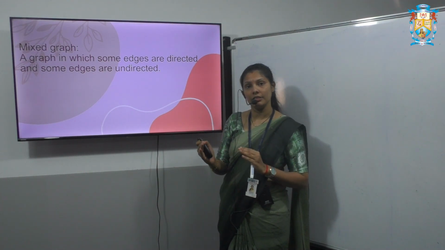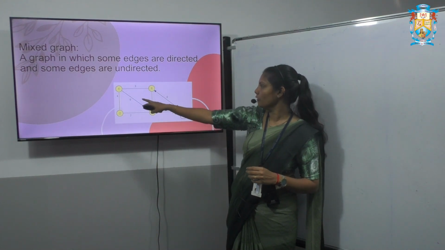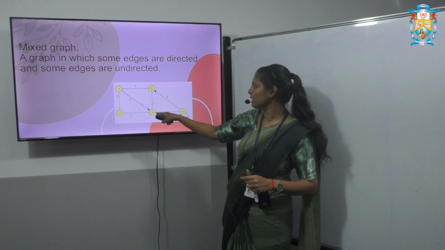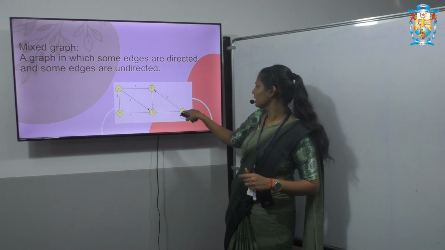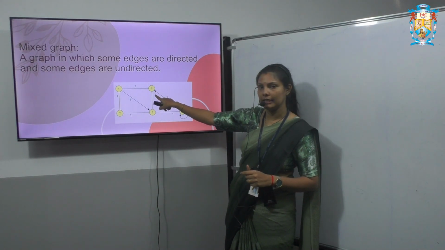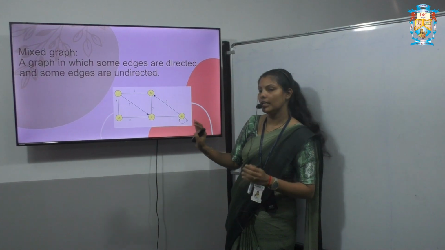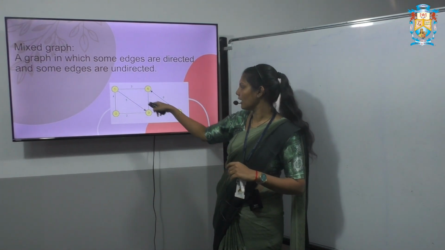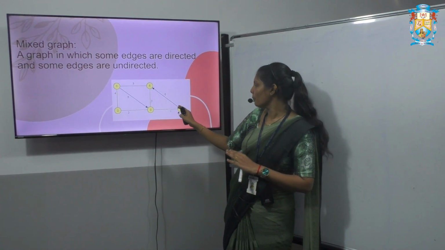Such a graph is known as a mixed graph. In the figure you can observe there are a total of 5 vertices. In that, the edges 1, 3 and 4 have directed edges, whereas others are undirected. You can observe there are some directed edges and some undirected edges present here.